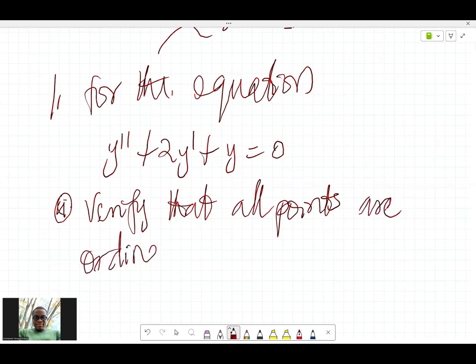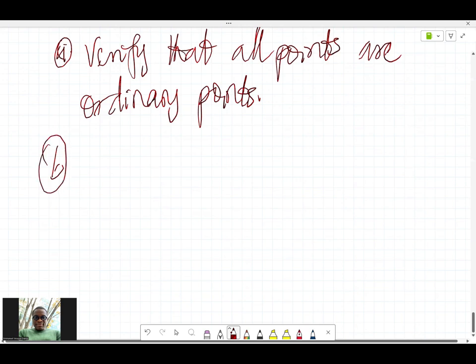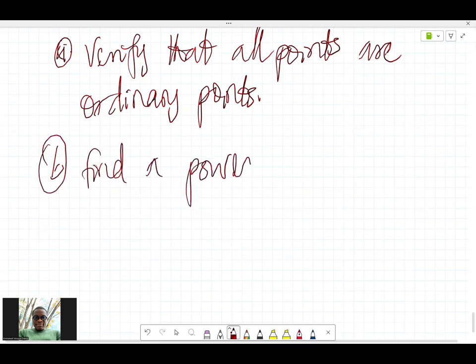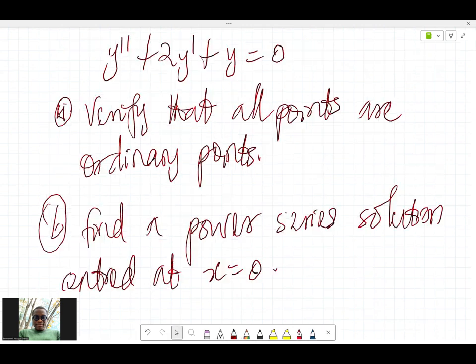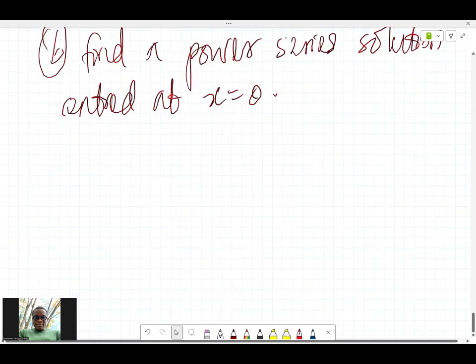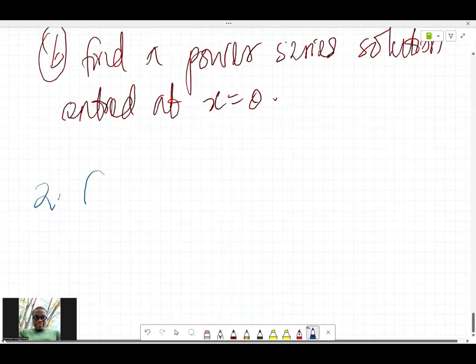I think it's pretty much like what I did in the example. Then B, just what I did now, find a power series solution centered at x equals 0. Okay, that's question 1.